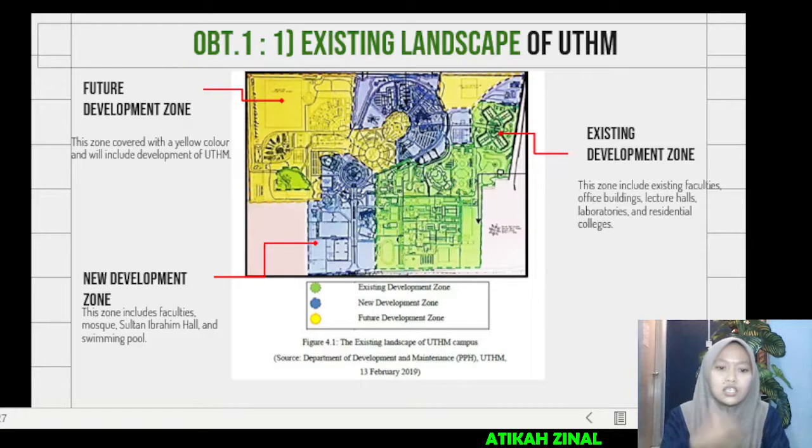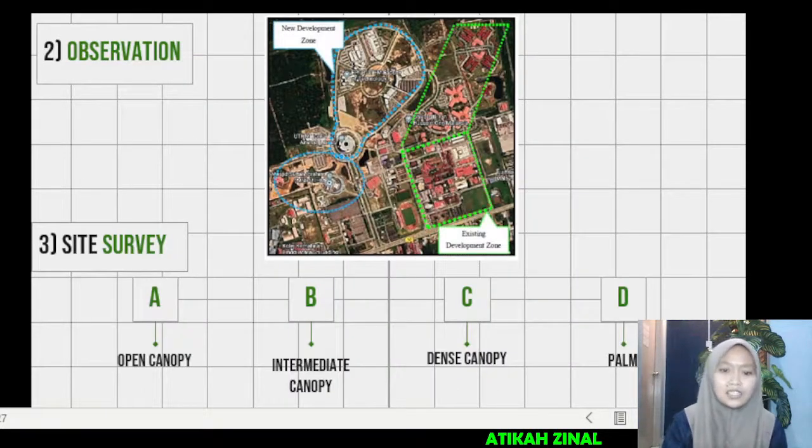The new development is the area placed for the Sultan Ibrahim Hall, mosque, and swimming pool. The yellow color is for the further development zone. This is what we observe from the UTHM landscape. On the map we can see the existing development zone, and the blue line is for the new development zone.